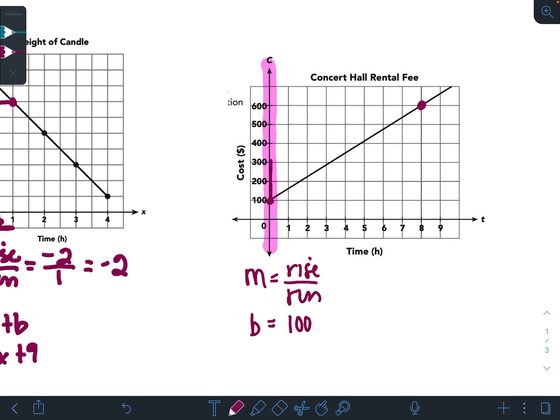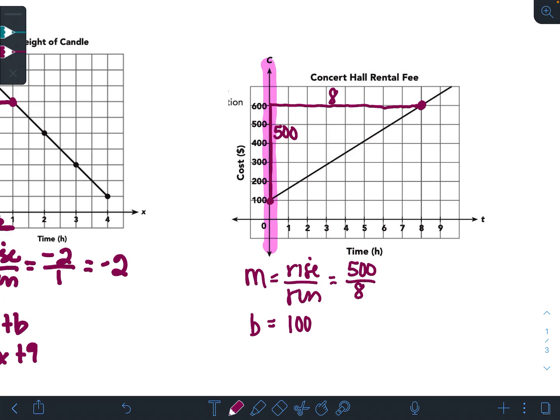So I'm going to rise 100, 200, 300, 400, 500. And I'm going to run 1, 2, 3, 4, 5, 6, 7, 8. And I get 500 over 8.